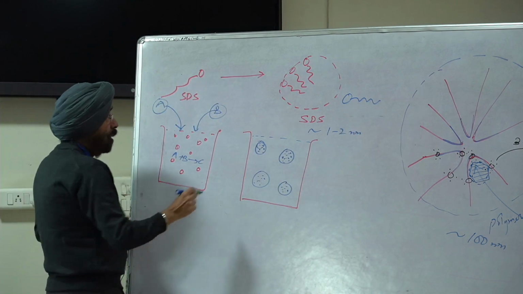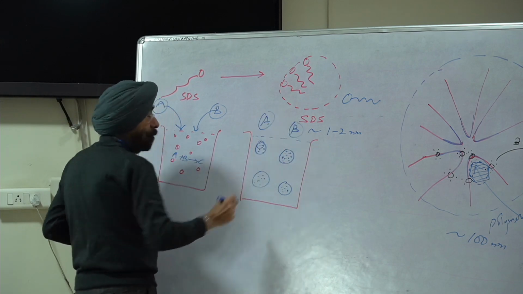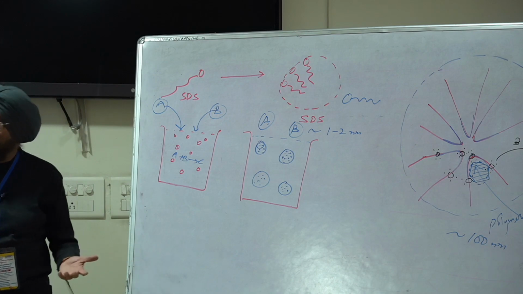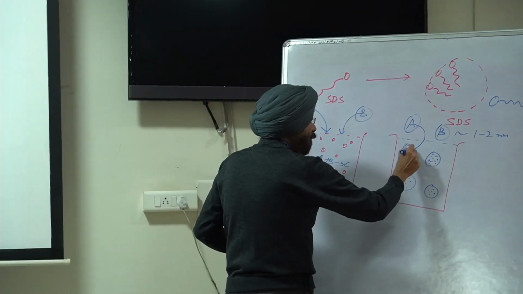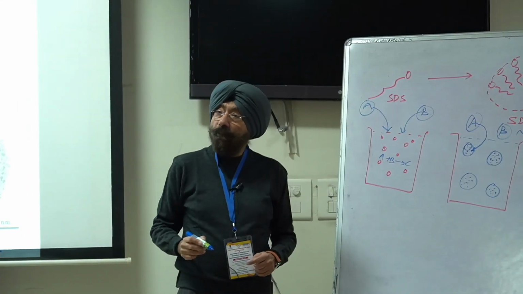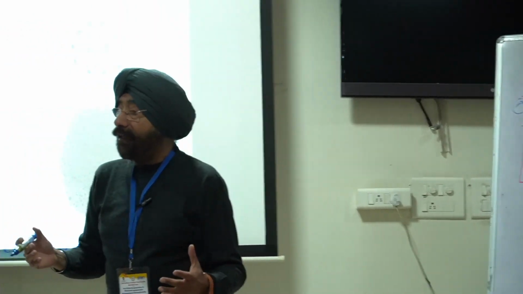Then A and B, or only A or B, would prefer the micelle. They will adsorb on the micelle because the micelle itself is an entity which can solubilize, as I told you, any kind of solute, either polar or non-polar.